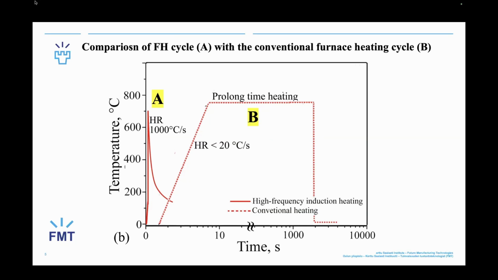This is for flash. But the conventional heating process, which is applied in industry, has a heating rate of less than 20 centigrade per second, a long heating time, and cooling can also be slow. You can see the difference in holding time.